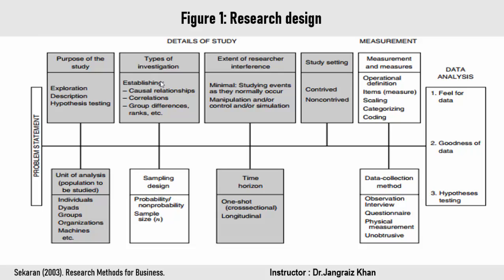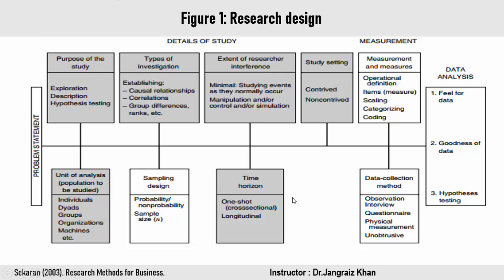The controlled variables are all studied under the extent of researcher interference, how much the researcher is involved and how much the researcher interference can affect the variables. This is also part of the research design.